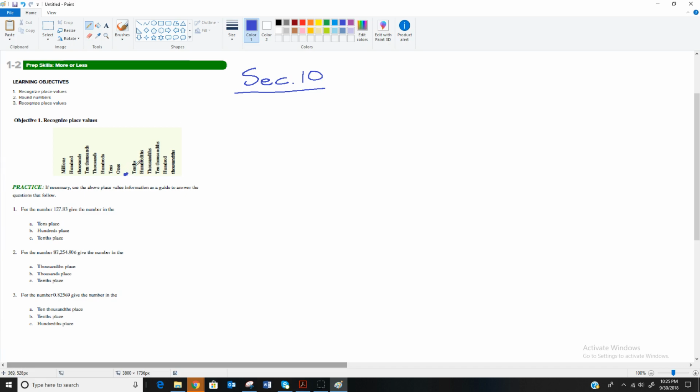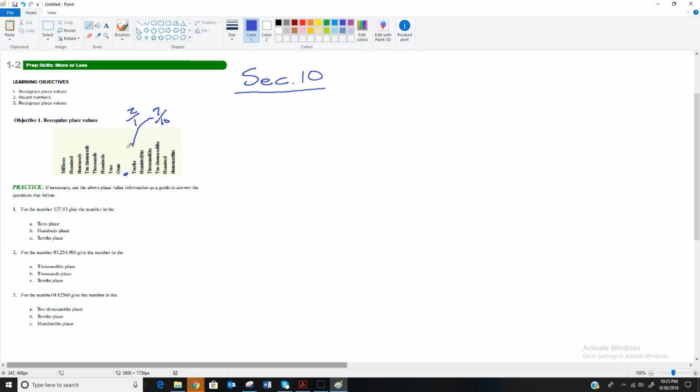I've had students ask before, why does it start with the tenths over here instead of the ones? Well, tenths means literally whatever's here would be over 10. So if it was 0.7 something, it would be 7/10. Well, if we had a oneths place, that would be over 1. Over 1 is just the ones place. So if you put say a 2 there, 2 over 1 is just 2.